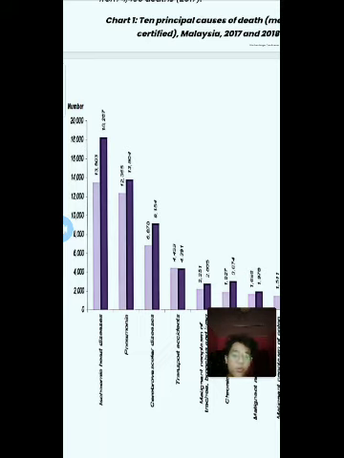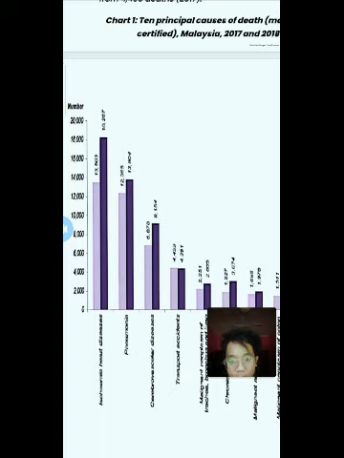In 2017, the deaths were only 6,878. It increased a little bit in 2018, to 9,154. Just a little bit is okay, but we must see it's actually increasing.